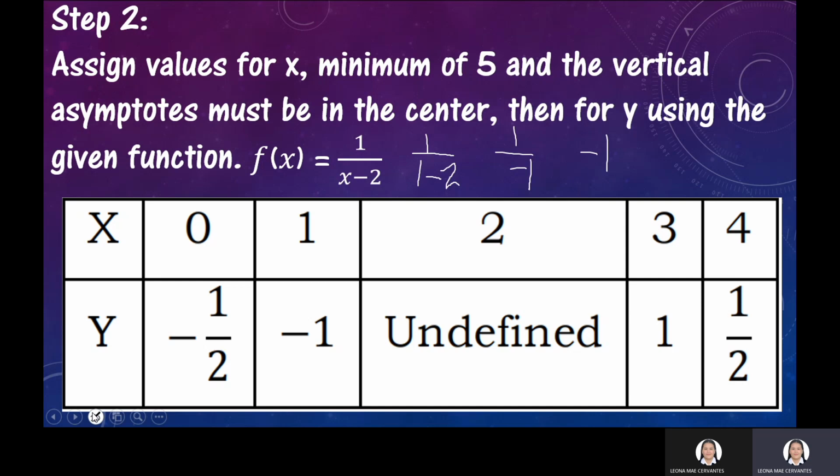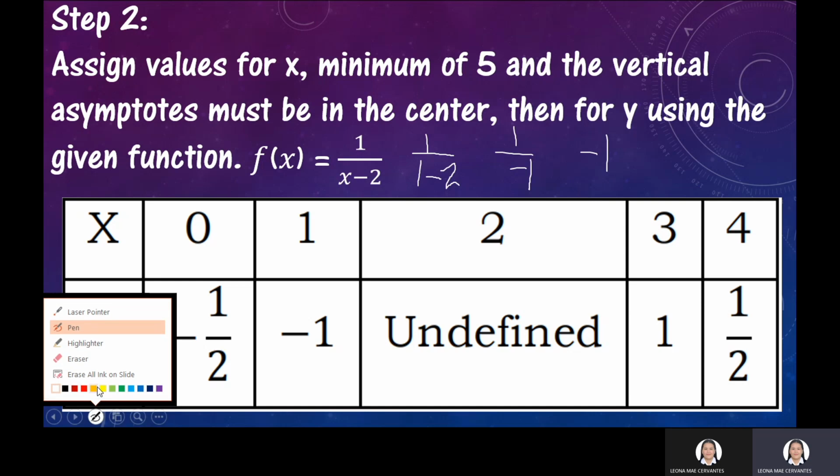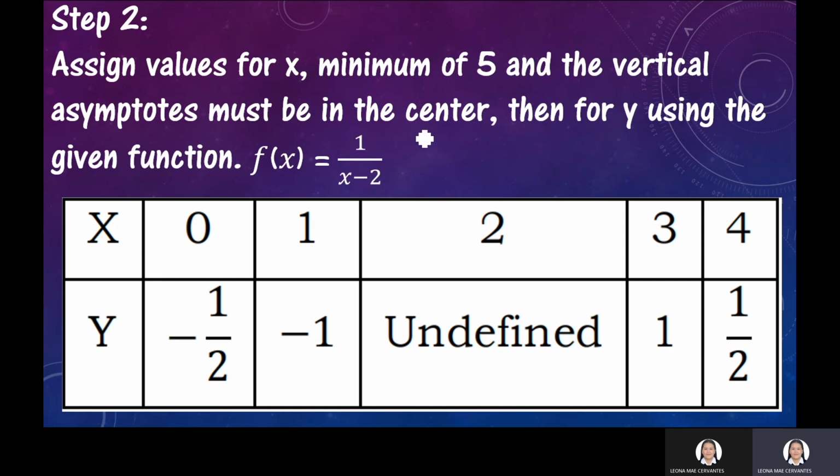Next, let's use positive 2. So, 1 over positive 2 minus positive 2. So, we have 1 over 2 minus 2, which is 0. So, kung nare-recall nyo pa, 1 over 0 is undefined.